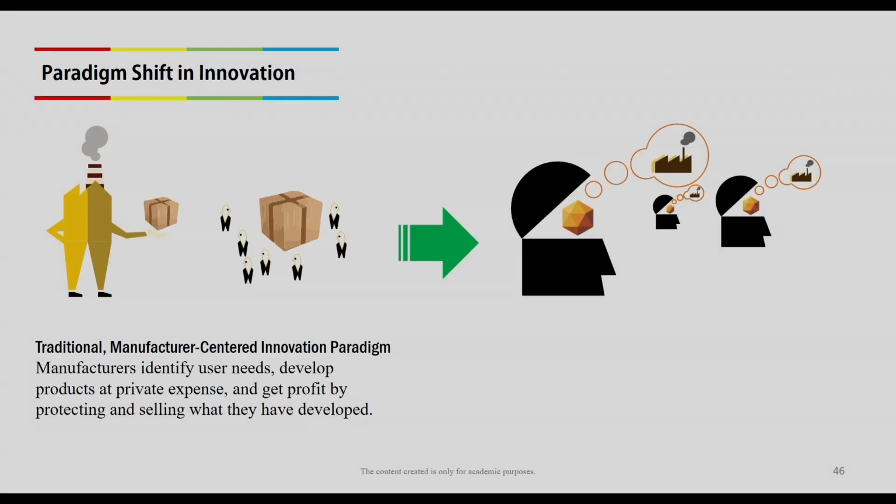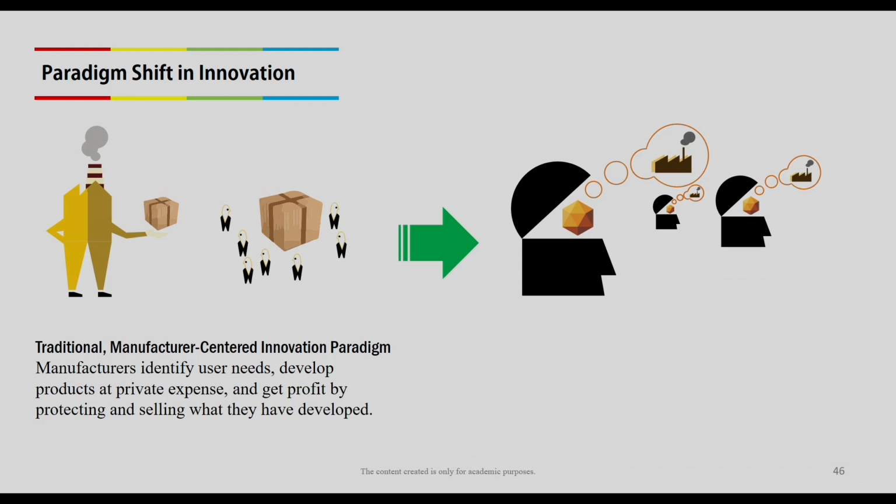So, now we will see how the paradigm is shifting in innovation. The previous paradigm was the traditional manufacturer-centered innovation paradigm. Manufacturers identify user needs, develop products at private expense, and get profit by protecting and selling what they have developed.